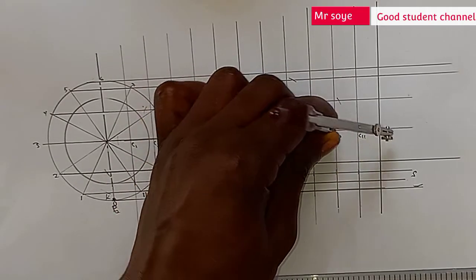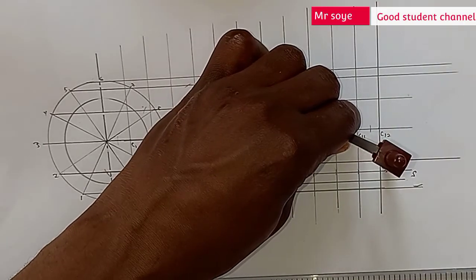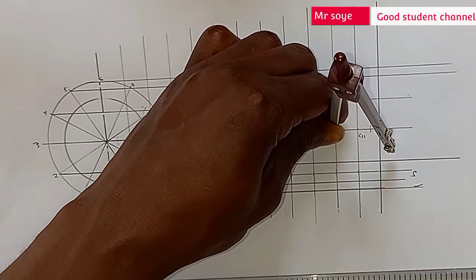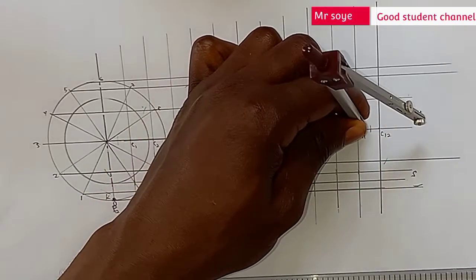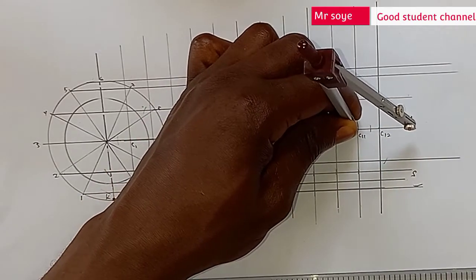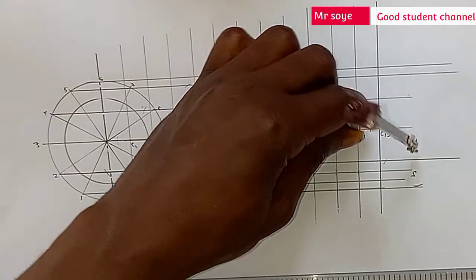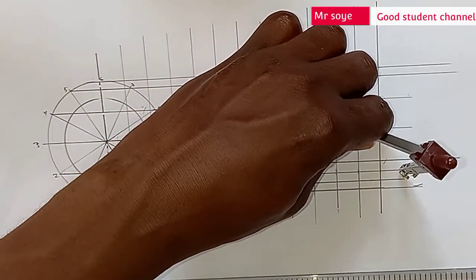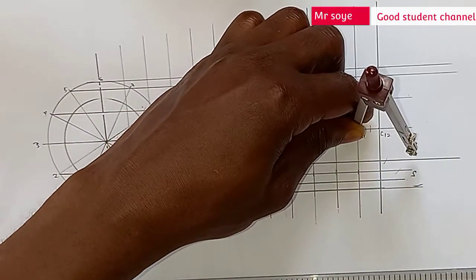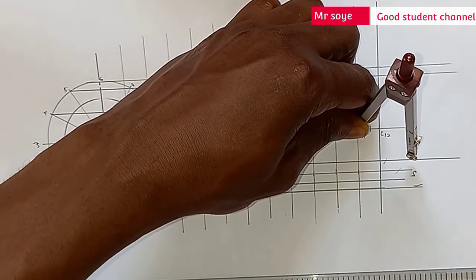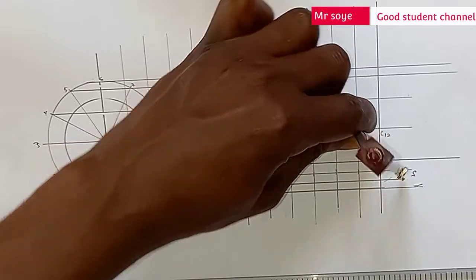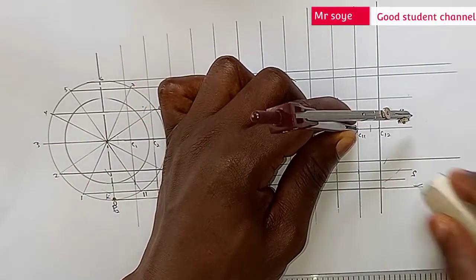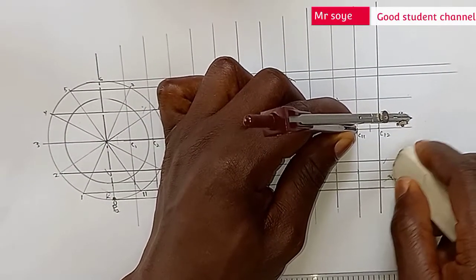Center 10. Center 11. Sorry, 11 is coming here. Please always note that this one here is the generating, I mean the baseline.